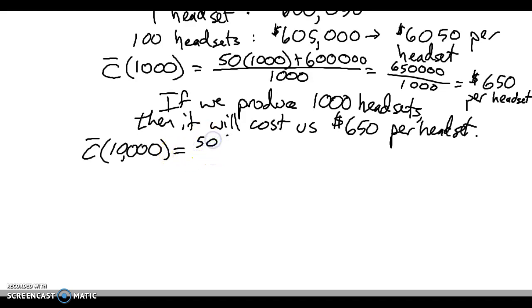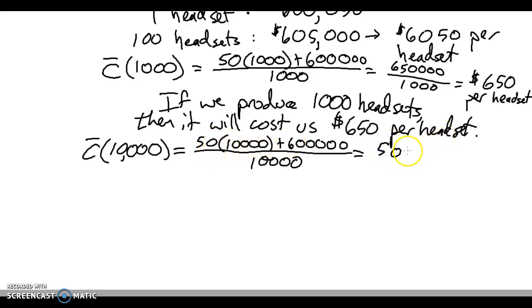Well, then we've got 50 times 10,000 plus 600,000 over 10,000. 50 times 10,000 is 500,000. $600,000 plus 500,000 is 1,100,000.